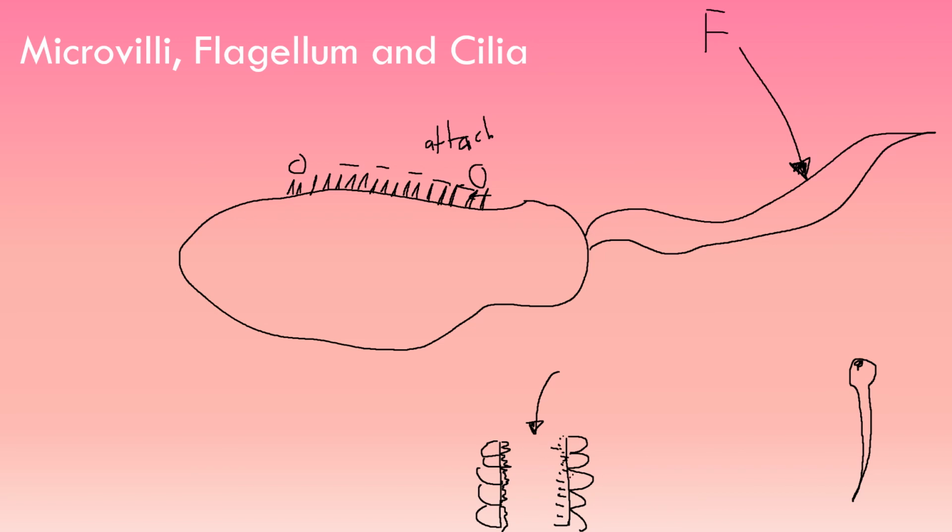It traps the particles of dust in the air, and these cilia beat up towards the back of the throat so that you can cough it out. So cilia are definitely found in prokaryotes and eukaryotes.